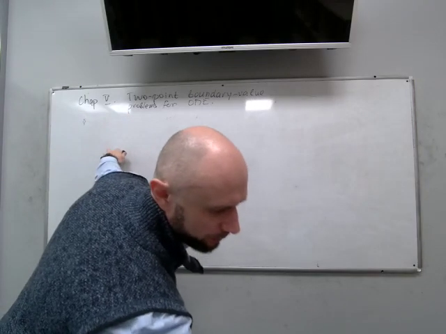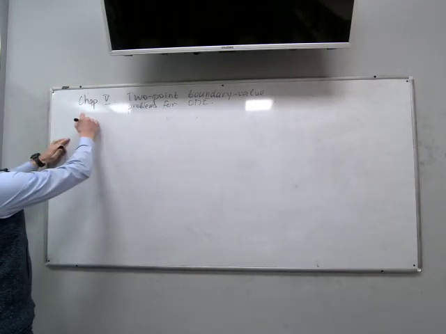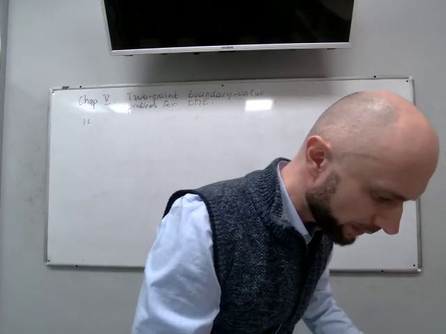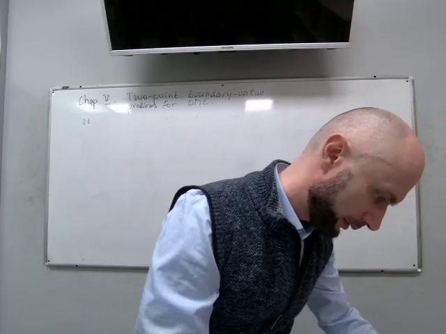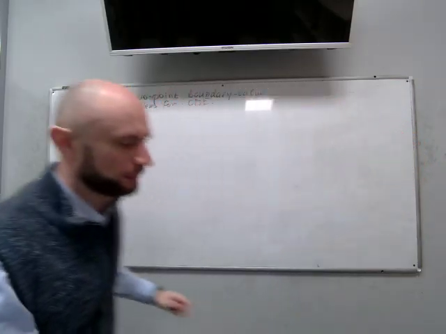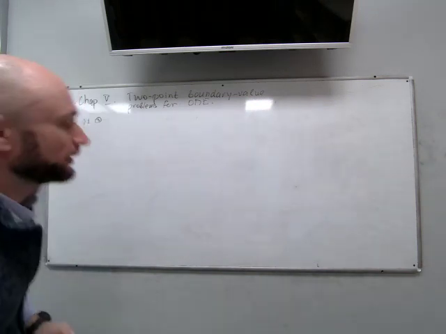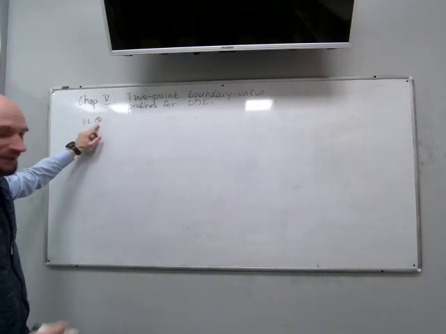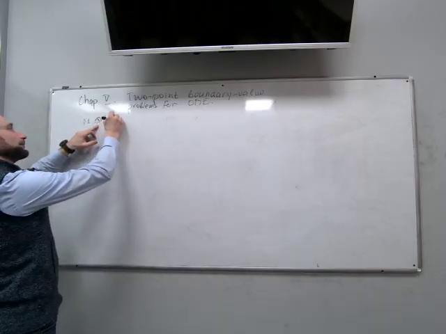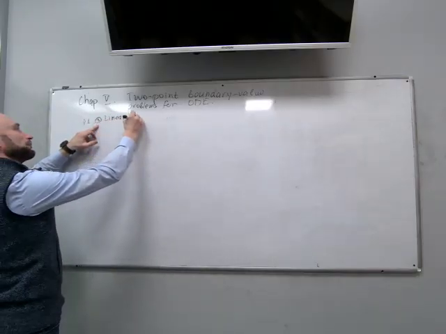This is pretty important. We're still in paragraph number 1, right? Chapter 5. According to my numbering, I have paragraph number 1, point 3, linear boundary value problem.